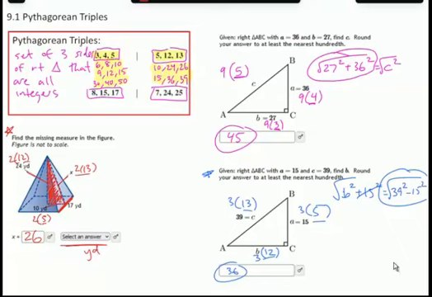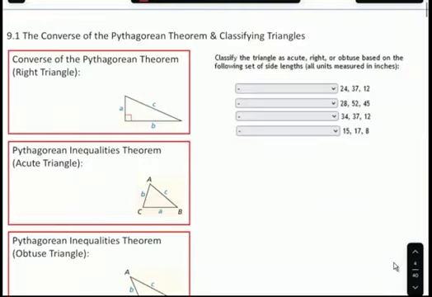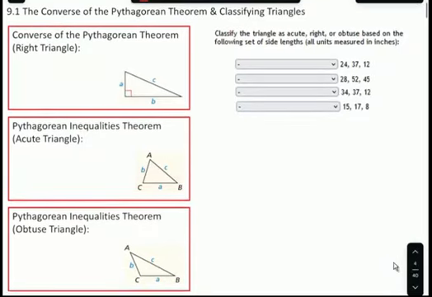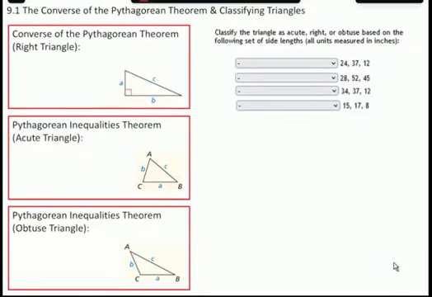All right, the final slide and the final topic that we're going to look at here is this relationship of how can you classify a triangle based on what all three sides are. When you look at all three sides, you can determine whether that triangle is acute, obtuse, or right.